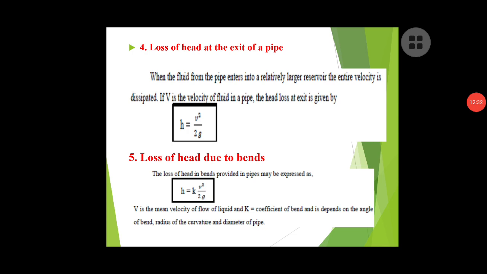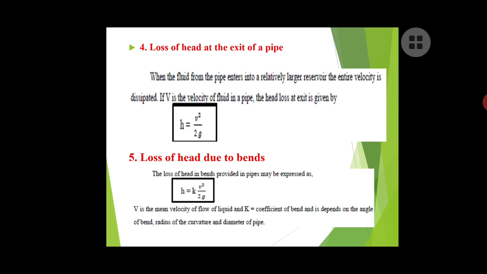Next is the loss of head at the exit of the pipe. When the fluid flows from a pipe into a relatively larger reservoir, the entire velocity is dissipated. V is the velocity in the pipe and H is the head loss. So H is equal to V square upon 2g.